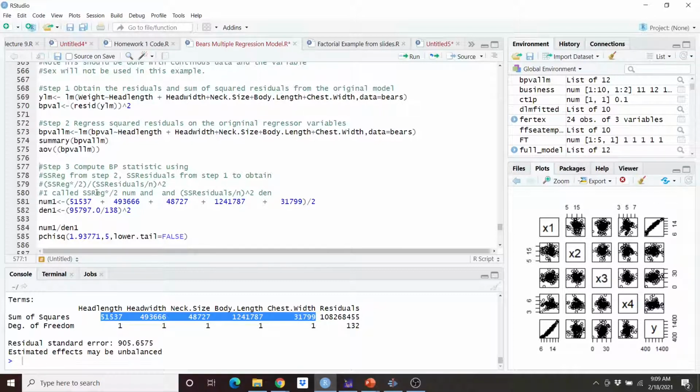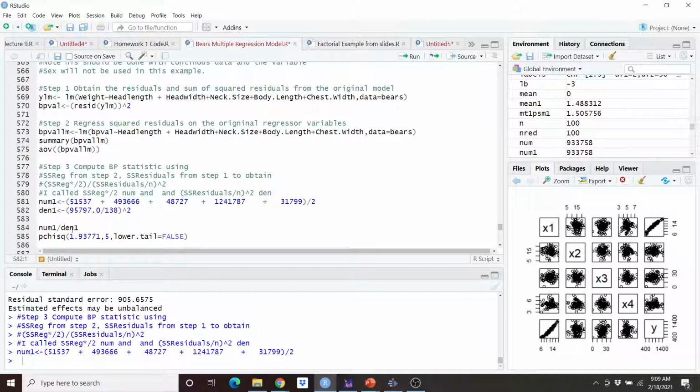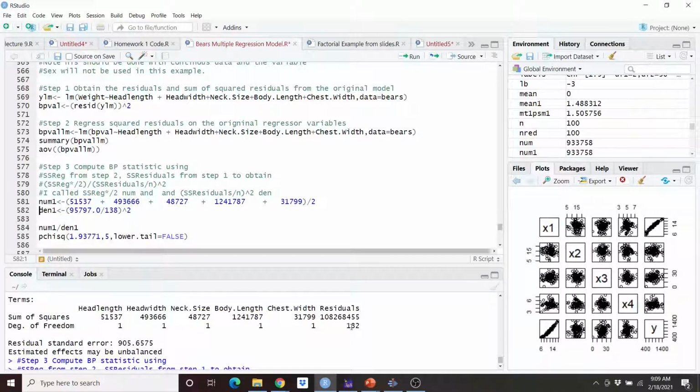So I've called sum squared regression star over 2 my numerator, num1, and sum squared residuals over n quantity squared, denominator 1. And so notice, 51537 plus 493666 plus 48727 plus 1241787 plus 31799, divided by 2. That's num1. In denominator 1, this is my sum squared residuals from my original model.